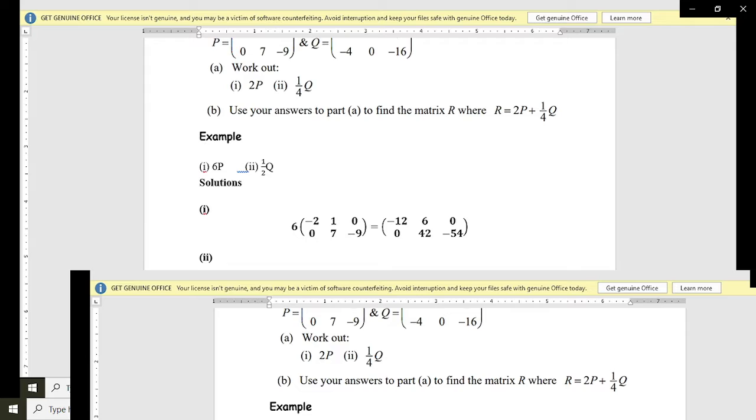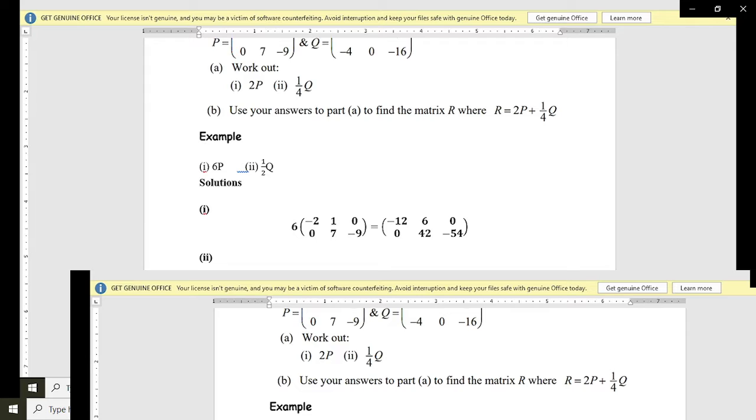Use your answers to part A to find the matrix R.